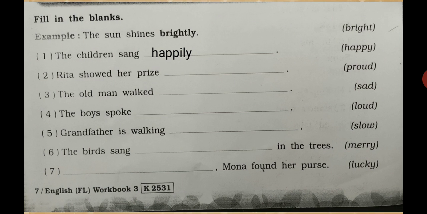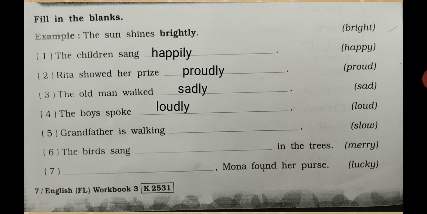And what are the changes in the spelling? We have already learnt in our last lesson. So let's do this exercise. Rita showed her prize proud. So proud becomes proudly. The old man walked sad. Sad becomes sadly. The boys spoke dash. What is there in the bracket? Loud. And what is the adverb form of loud?